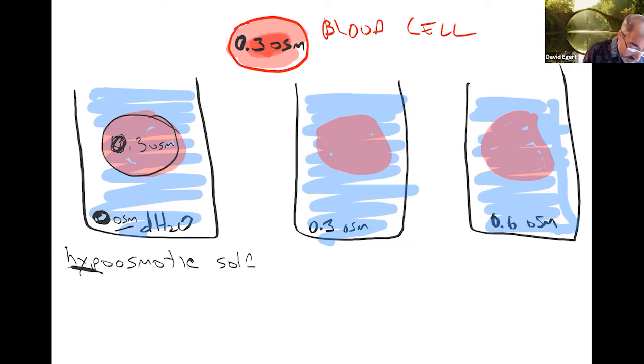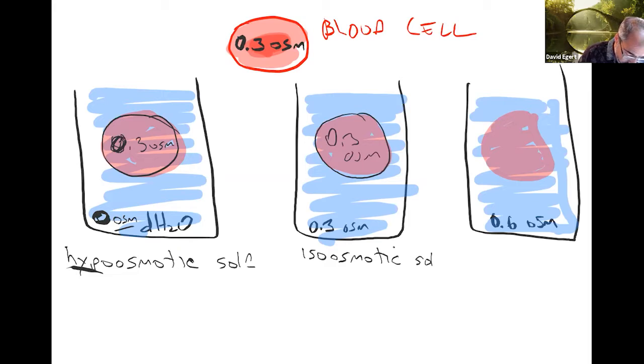If it's exactly the same inside and outside, 0.3 inside and 0.3 outside, I call this isoosmotic. Iso means the same, like isometric exercises where you don't change the length of your muscles.